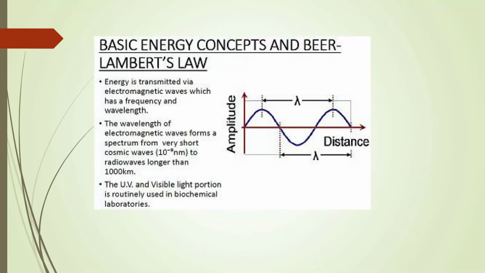Energy is transmitted via electromagnetic waves, which have a frequency and wavelength. The wavelengths of electromagnetic waves form a spectrum from very short cosmic waves to radiation longer than thousands of kilometers. The UV and visible light portion is routinely used in biochemical laboratories. We may refer to the basic diagram of the energy.